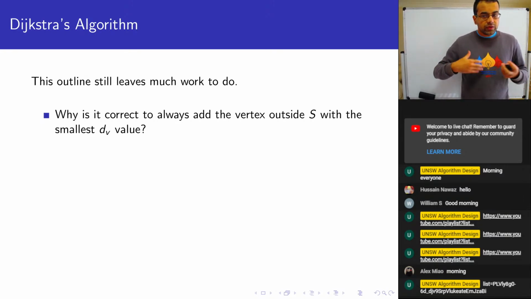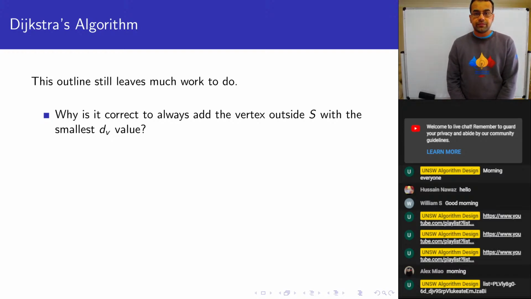But there are some choices as to how to do this, and our choice was to always add vertices one at a time, just greedily picking whichever is of smallest d value outside of the set S, and so the choice to do this must be justified. So our first matter will be to prove the correctness of this greedy idea.